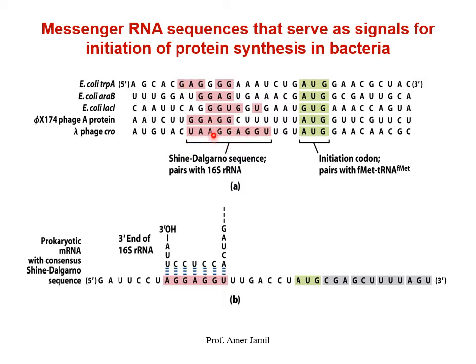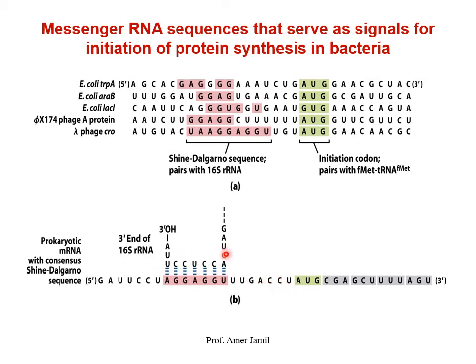This sequence helps placement of the initiating codon at a proper place on the ribosome, on the 30S ribosomal subunit. So this messenger RNA scans the 30S subunit, and this AUG finally comes on the P site.